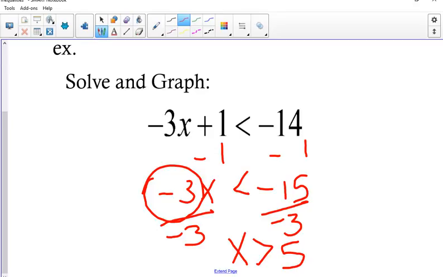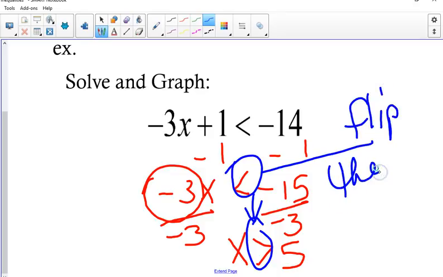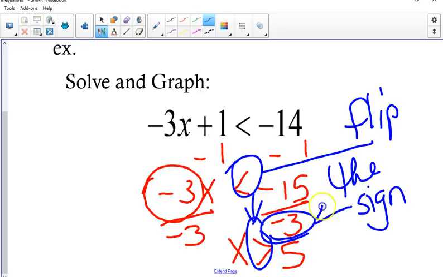So we don't flip the sign until after we do the division. We're dividing by negative 3. Because we're dividing by a negative number, we have to flip the sign. Okay? So make sure that when you write these notes, you remind yourself to flip the sign when you divide by a negative number or multiply by a negative number.